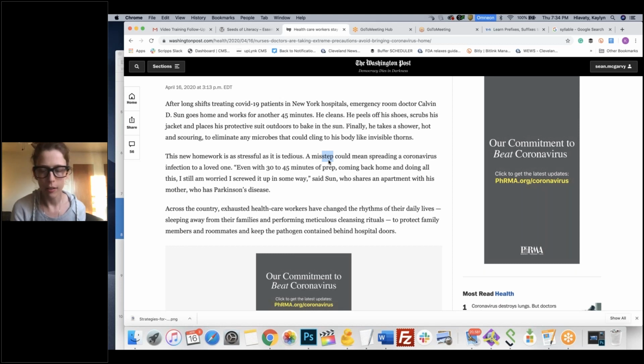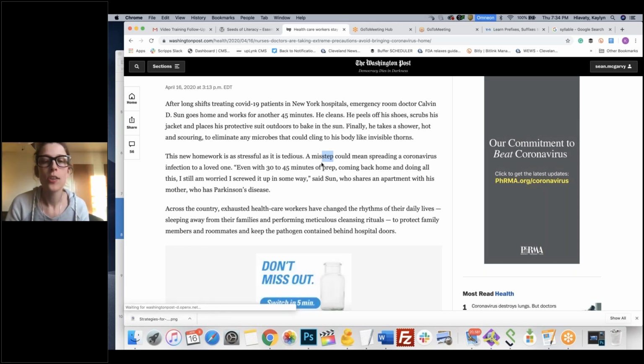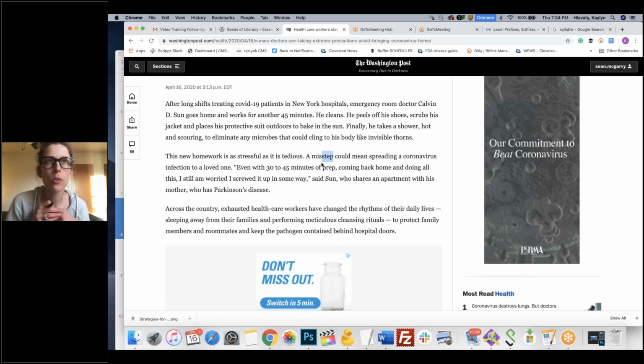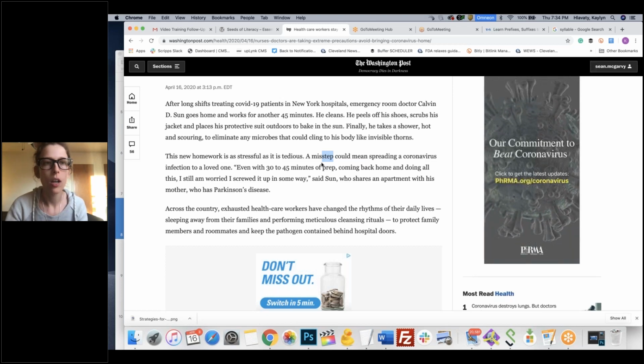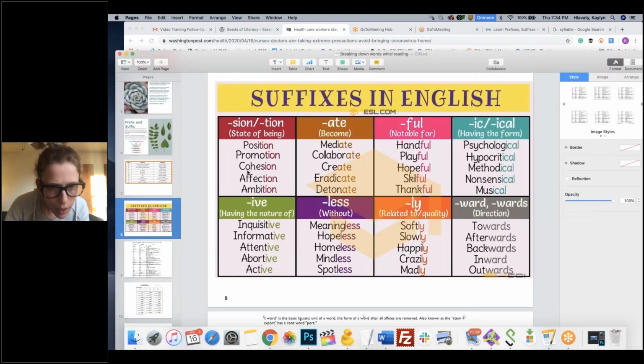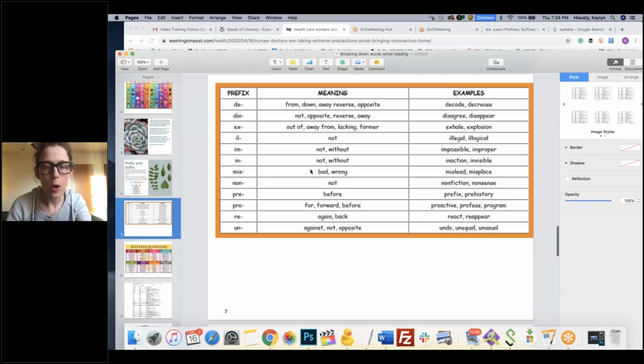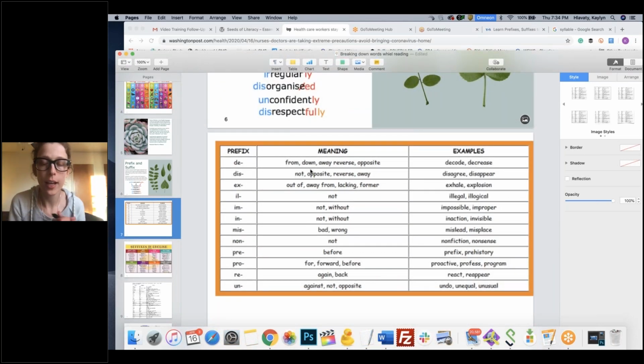That's how I remember it. So misstep, M-I-S. Let me see if I have this as an example. Oh yes, miss. So going back to this chart here, which is helpful, I recommend that you guys take a picture of it and come back to this lesson.